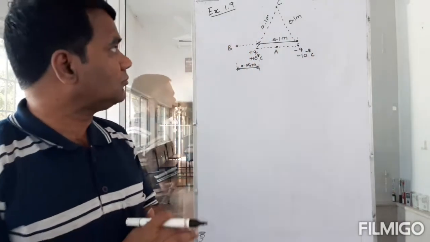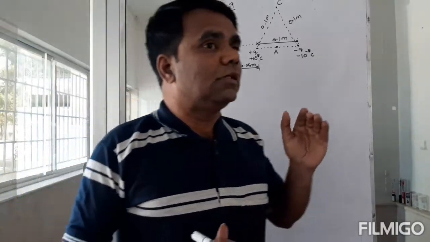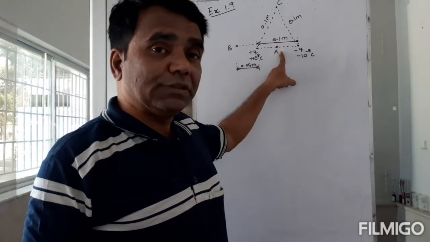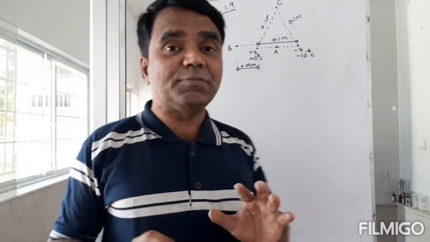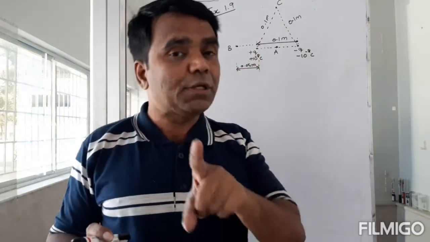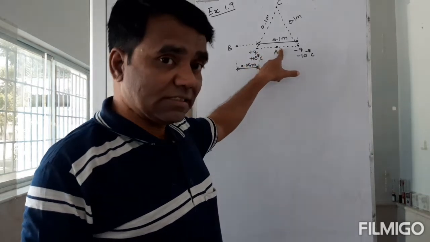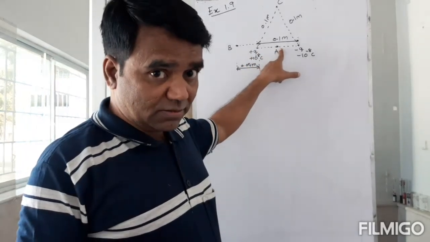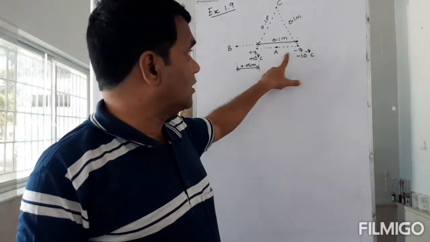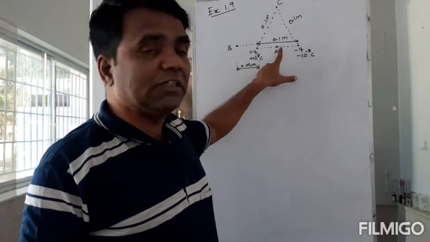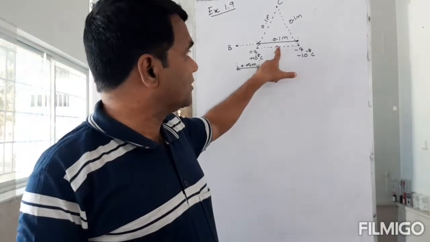Okay. You see, if I take this point, it is going to be influenced by both the charges. Plus Q will influence this point or any charge kept at that point, and minus Q will also influence any charge kept at this point.